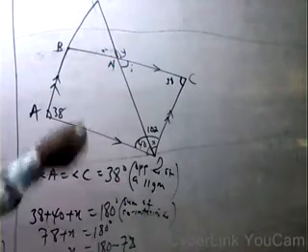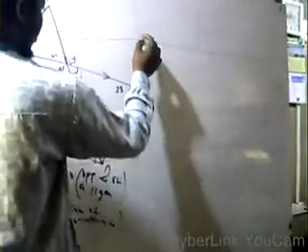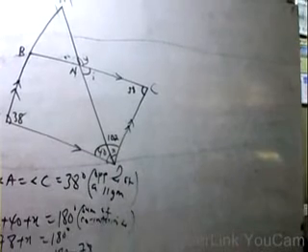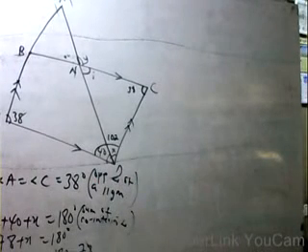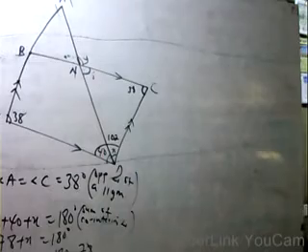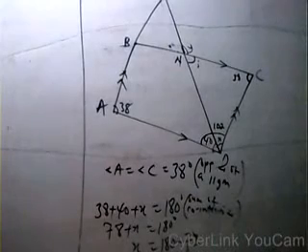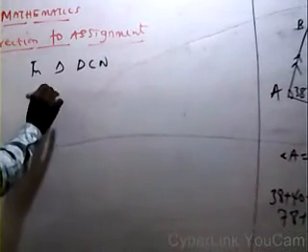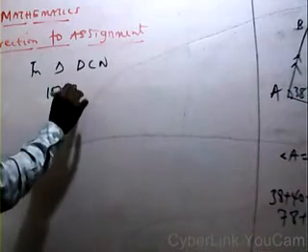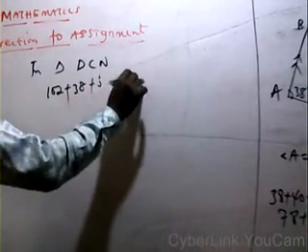So in that case, let's make use of this. We can say in triangle DCN, we have 102 plus 38 plus I equals 180 degrees.